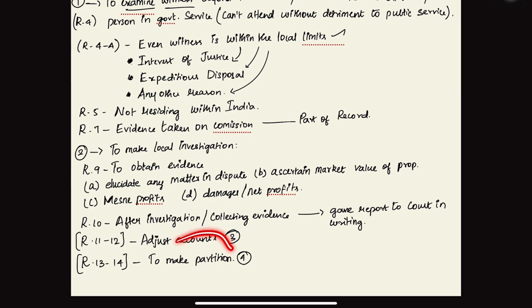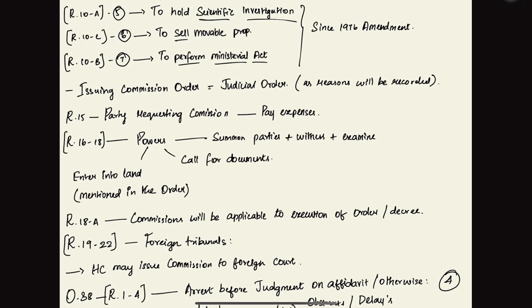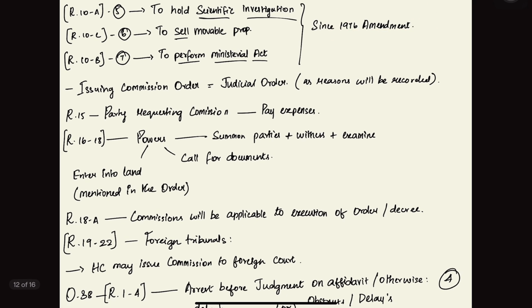Commission can also be issued to adjust accounts, to make partitions, to hold a scientific investigation, to sell a movable property, and to perform a ministerial act. These things were included only since the 1976 amendment. This could be an MCQ.